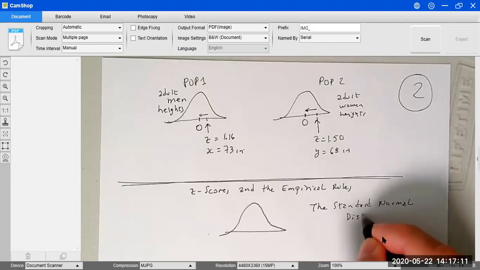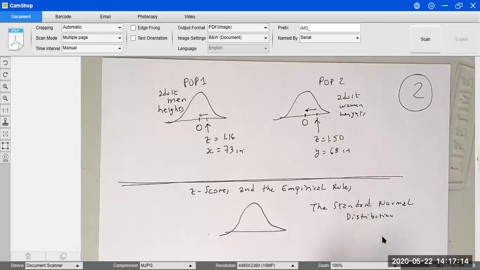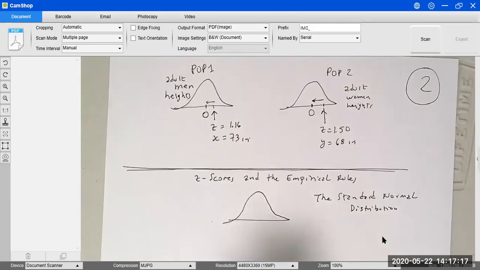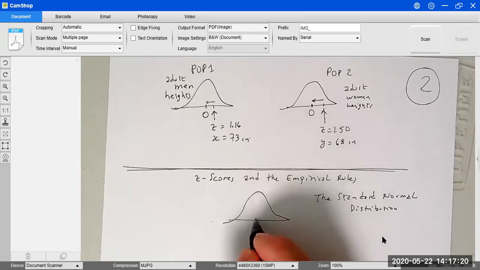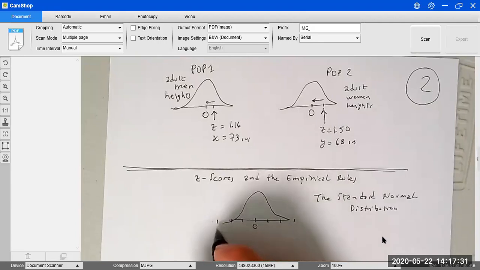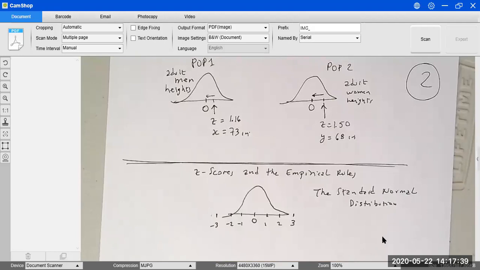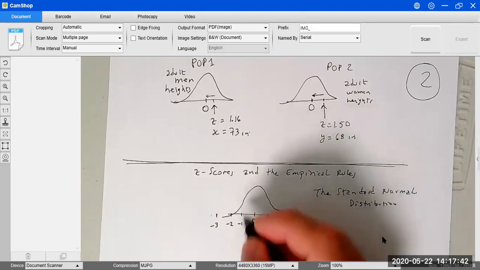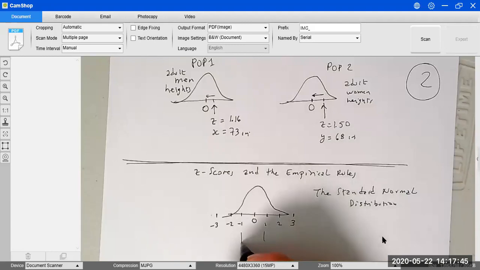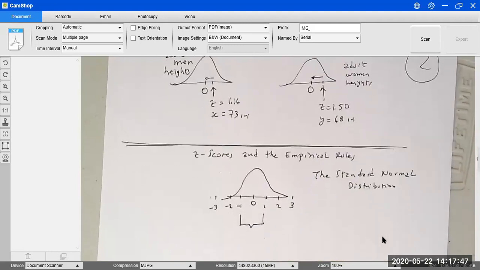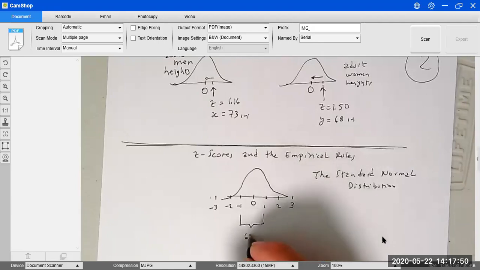We'll know about this in a better way when we cover chapter 6. But in general terms, you have the mean here, and for example we can have the values 1, 2, and 3, and -1, -2, and -3 for the z-scores. When you have these z-scores, between -1 and 1 you're going to find 68% of the data.